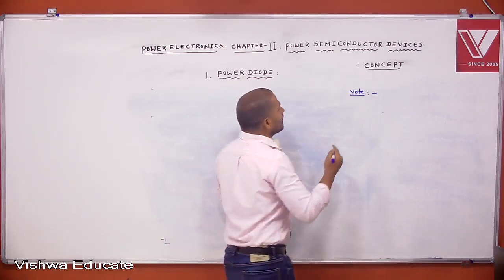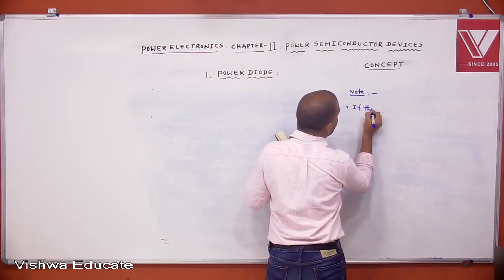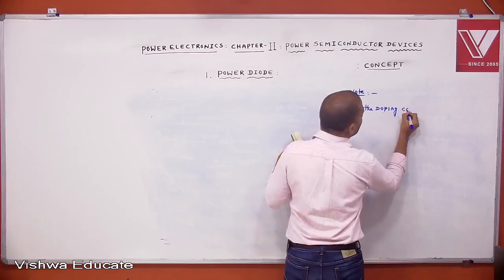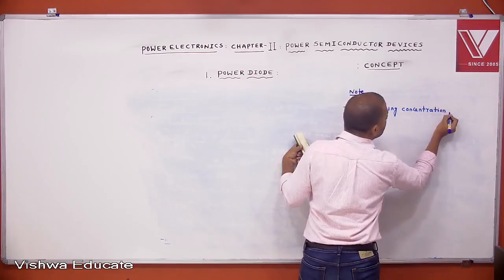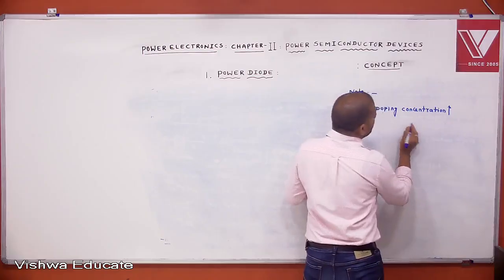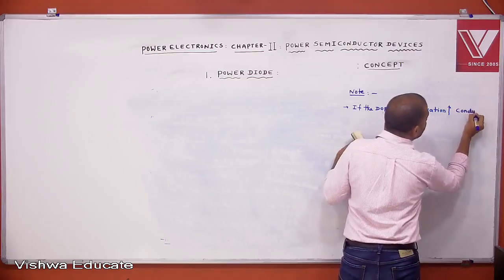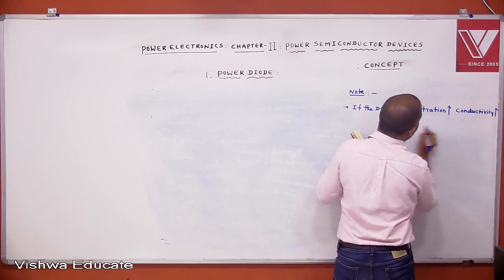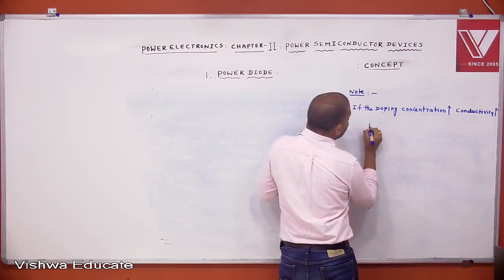That means if the doping concentration increases, then what happens to the conductivity? Conductivity increases. Then what happens to the depletion layer width?